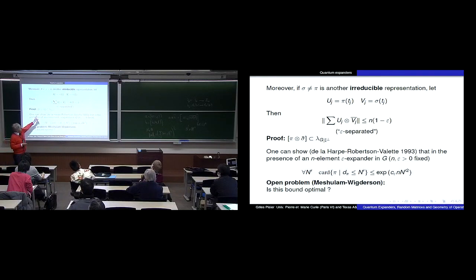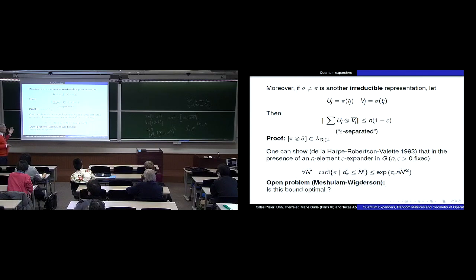So then what you will get is a condition where you don't even need to worry about restriction to the orthogonal of the unit, because the whole representation pi tensor sigma bar, by Schur's lemma, does not have an invariant vector. Because if it had an invariant vector, they would be equivalent, and you're assuming they're not equivalent. So since it doesn't have an invariant vector, this is included again in this non-trivial part of the left regular representation.